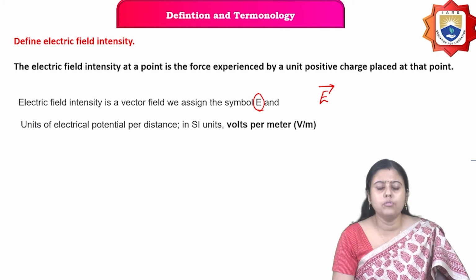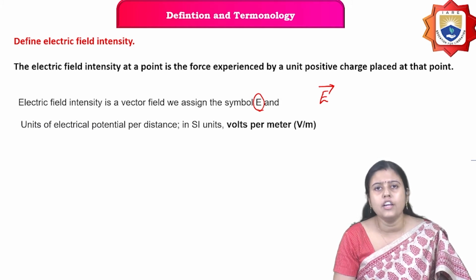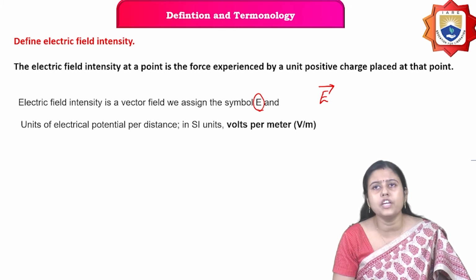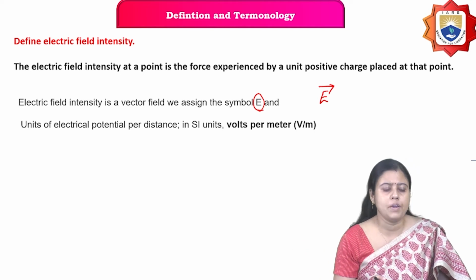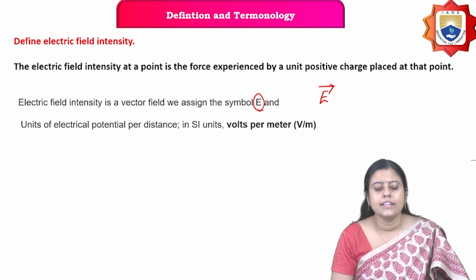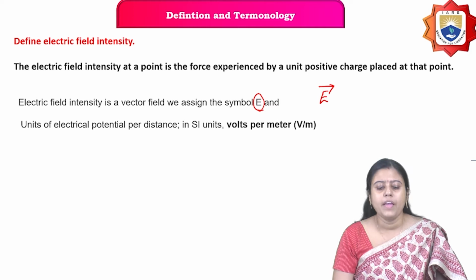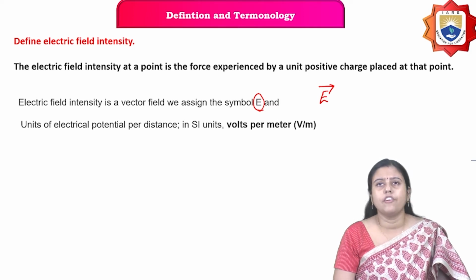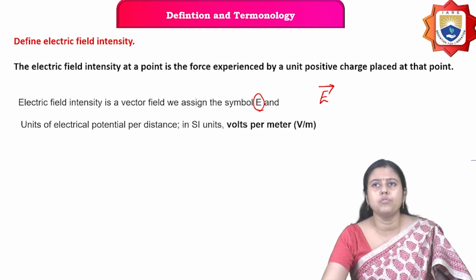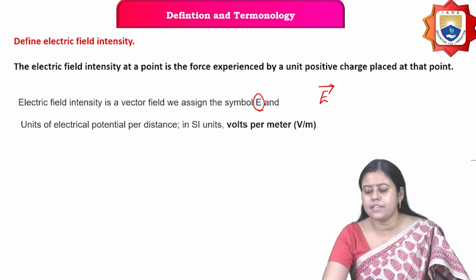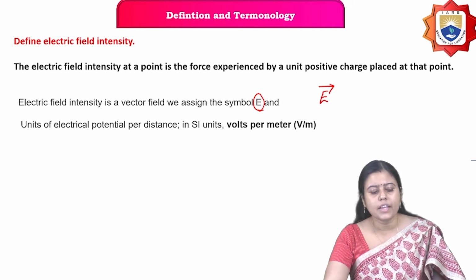The amount of work required to bring a unit positive charge from infinity to a point, or we can say the electric field intensity at a point is the force experienced by a unit positive charge placed at the point.